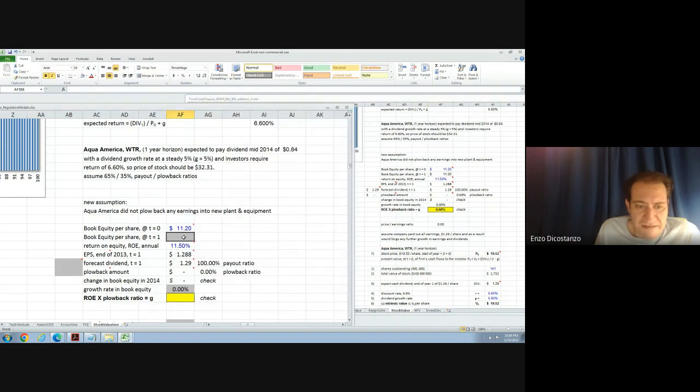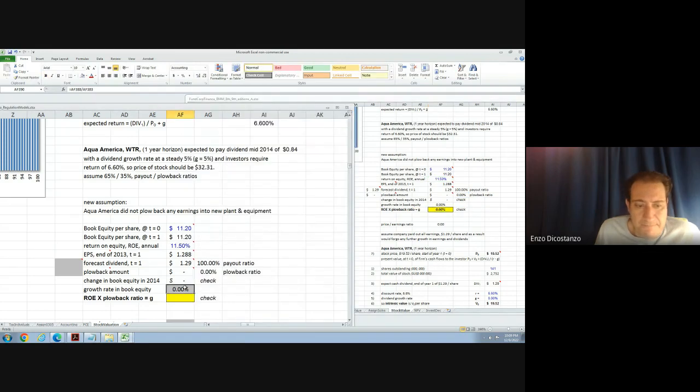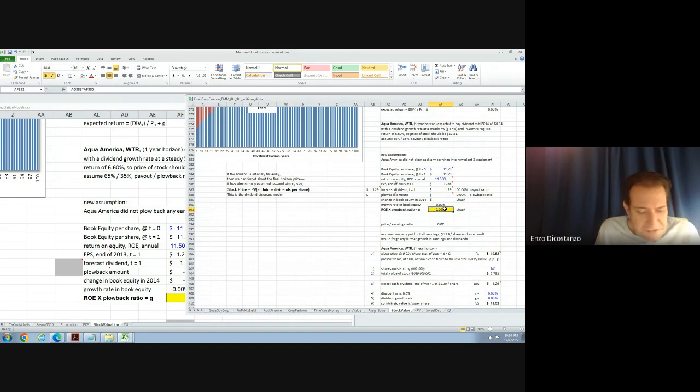This one you just add. This is the same formula from above. Add the plowback, that's still 0. And this is ROE times plowback.